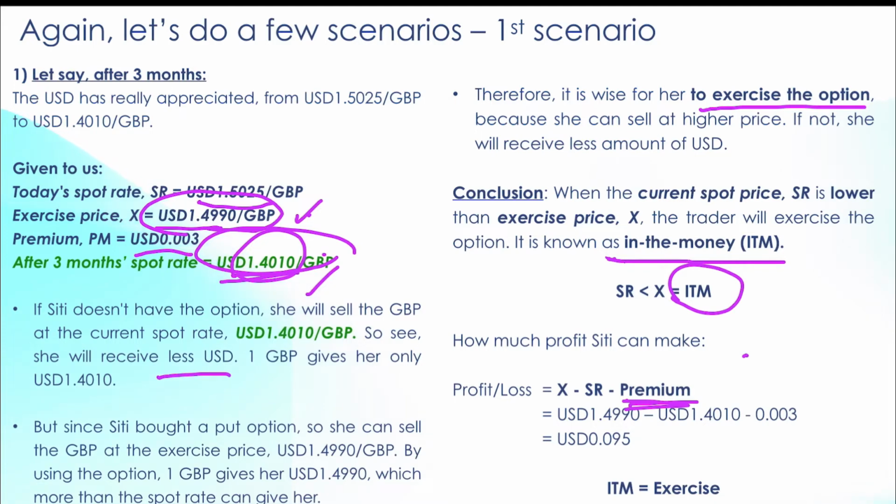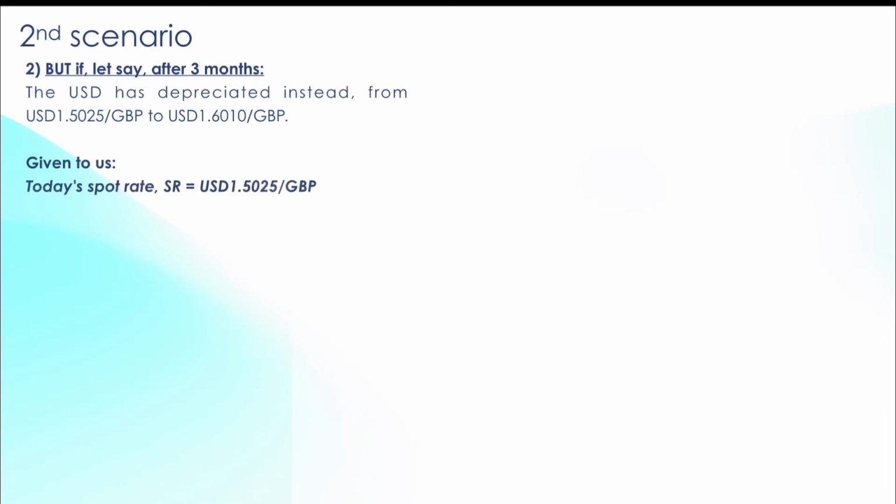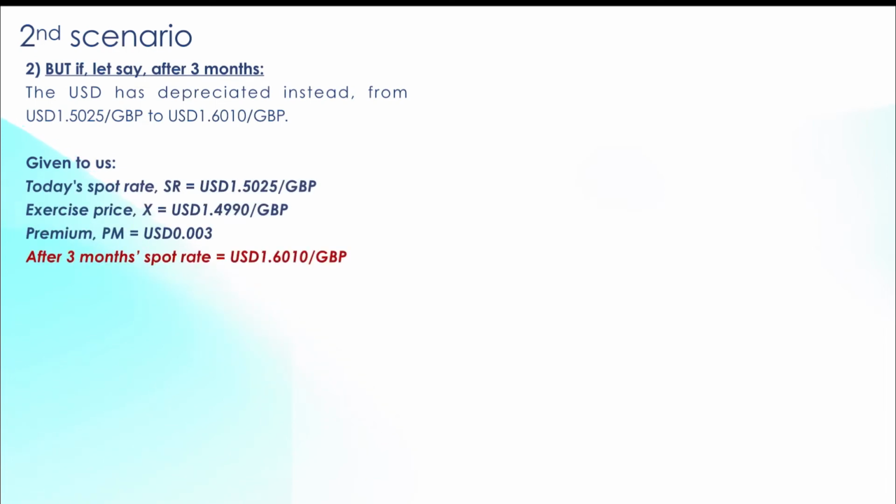Let's look at the second scenario. Let's say after 3 months, the USD has depreciated instead, from 1.5025 to 1.6010 per GBP. The spot rate, exercise price, and premium are as given.